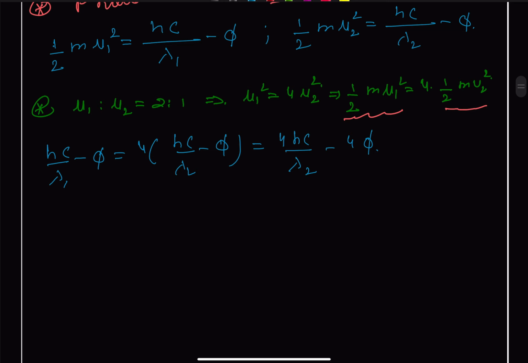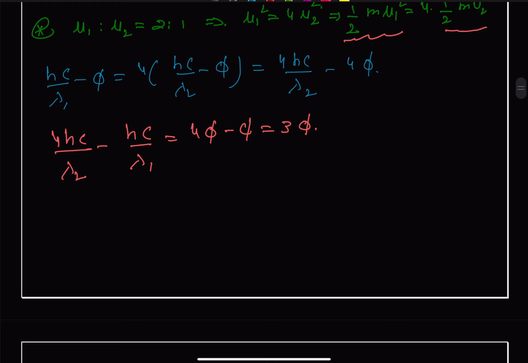And we can just make the adjustment in the equation, and we get 4 Hc upon lambda 2 minus Hc upon lambda 1 will be equal to 4 phi minus phi, giving us 3 phi.